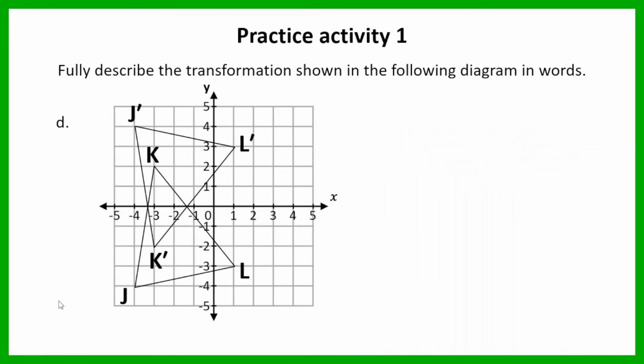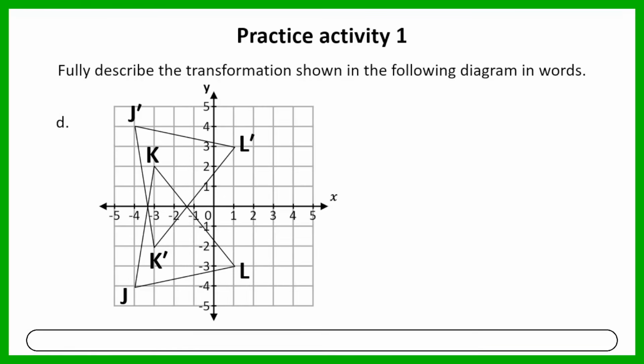And then question D, here you've got triangle JKL, and the image of JKL after a transformation. You need to describe this transformation fully in words. I'm going to give you 30 seconds for this example.